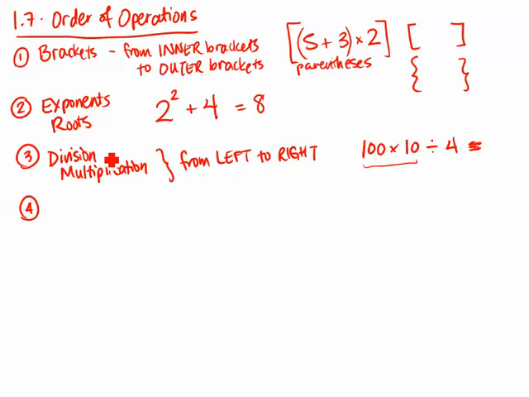Once you've solved all the divisions and multiplications, then you move to the last family, which is addition subtraction. And this, again, depending on the problem, if they both show up, you solve them from left to right.